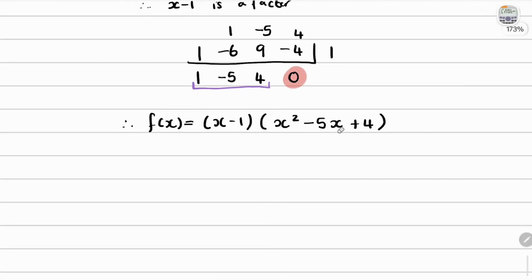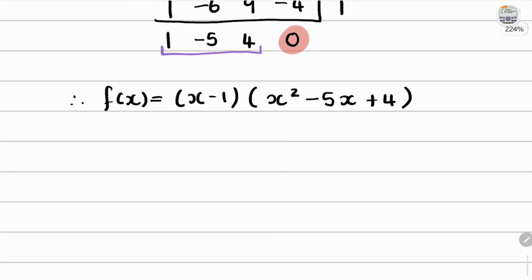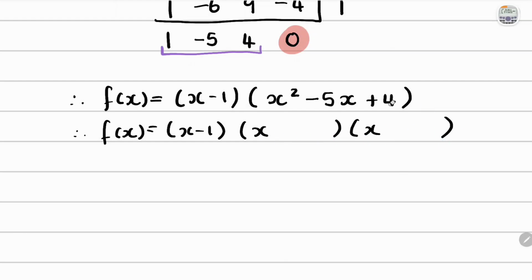And we're going to have to factorize that further. Okay, so fully, because they already factorized fully as well. This is x minus 1, and then when you factorize these two, it's just going to be x times x, and then factors of 4 that give you negative 5. So they should both be negative, the two factors that you have.